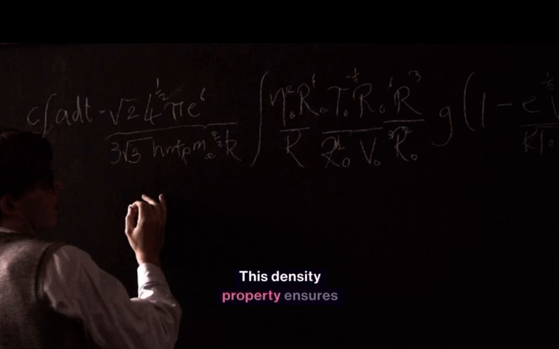This density property ensures that any 2 points are connected and embedded within an infinite continuum of points in space. And it also guarantees that no matter how close A and B are to each other, there will always be infinitely many other points in between them.